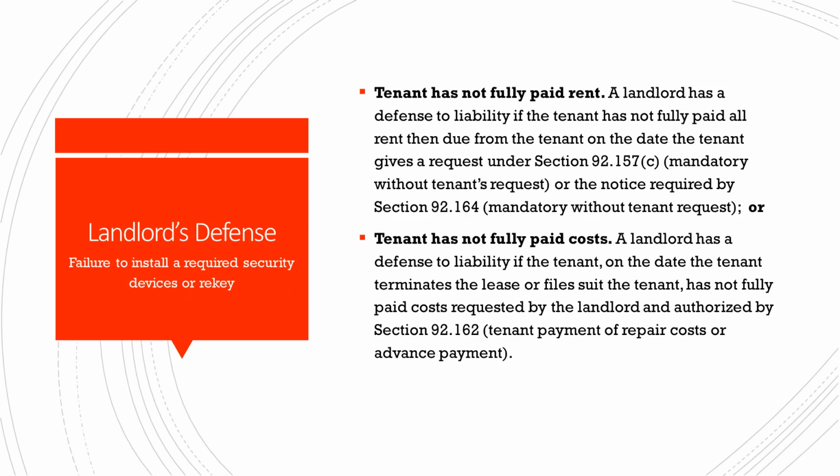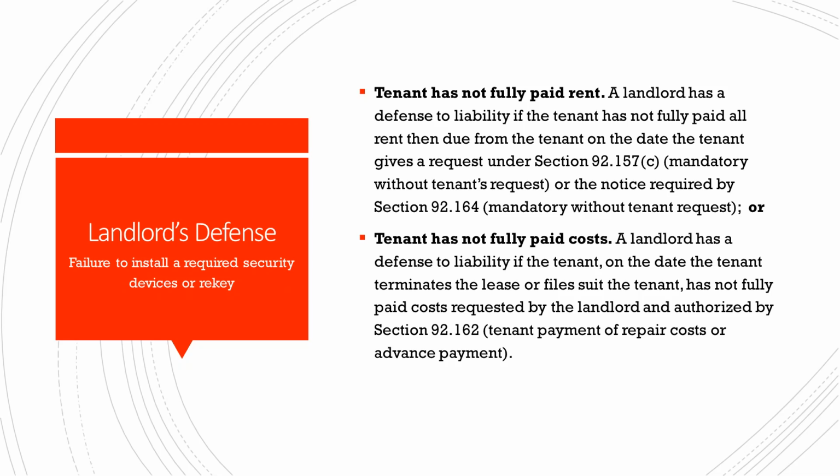So a landlord has a defense to liability if the tenant has not fully paid all rent due at that point from the tenant on the date the tenant gets a request under one of these 2 sections. Basically, requesting those mandatory security devices be installed, or providing notice that the landlord has failed to install or comply with those mandatory Category 1 security devices.